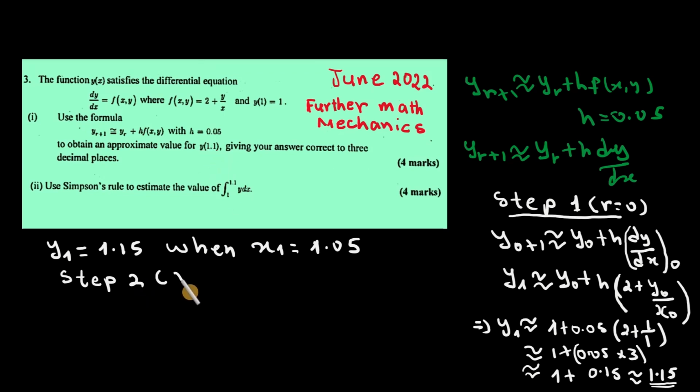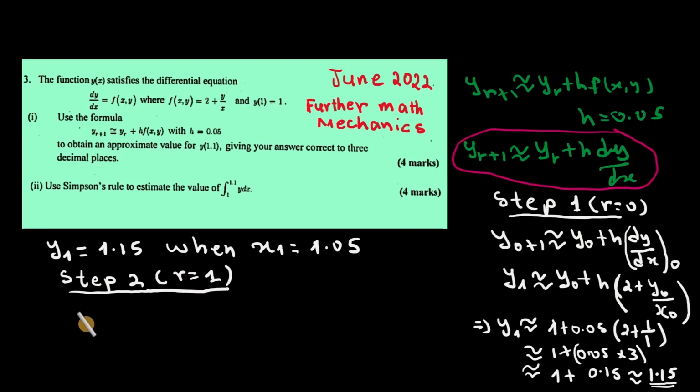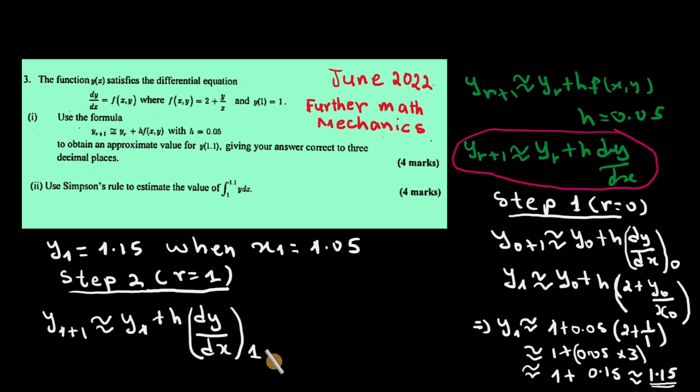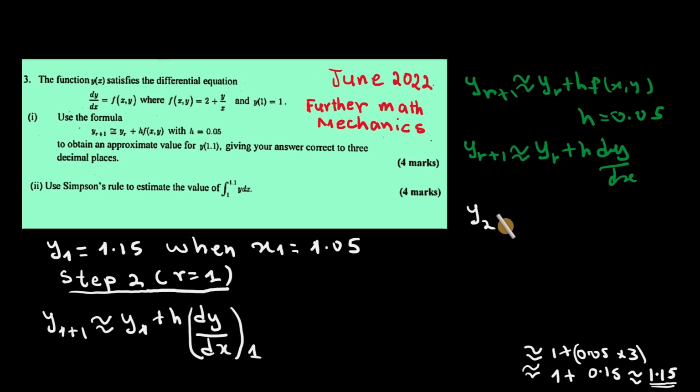Step 2 is when r equals 1. Using this formula, it means at r equals 1, we'll have y1 plus 1 is approximately equal to y1 plus h dy/dx at 1. That's at r equals 1. That means y2 is approximately equal to y1 plus h into 2 plus y1 all over x1.